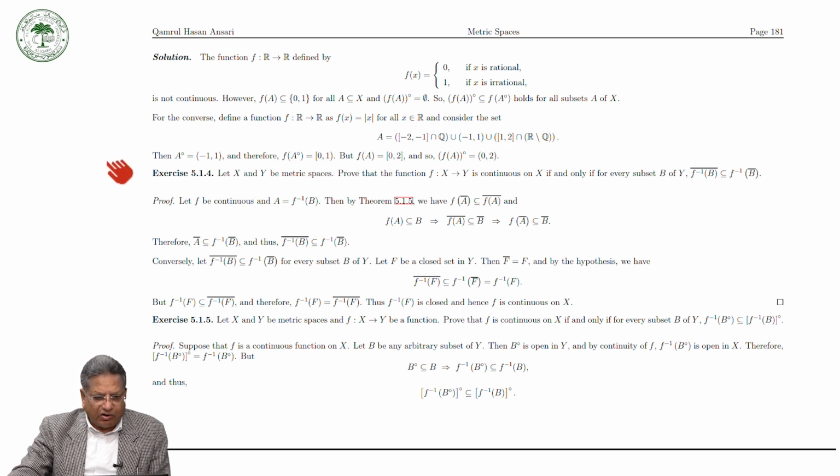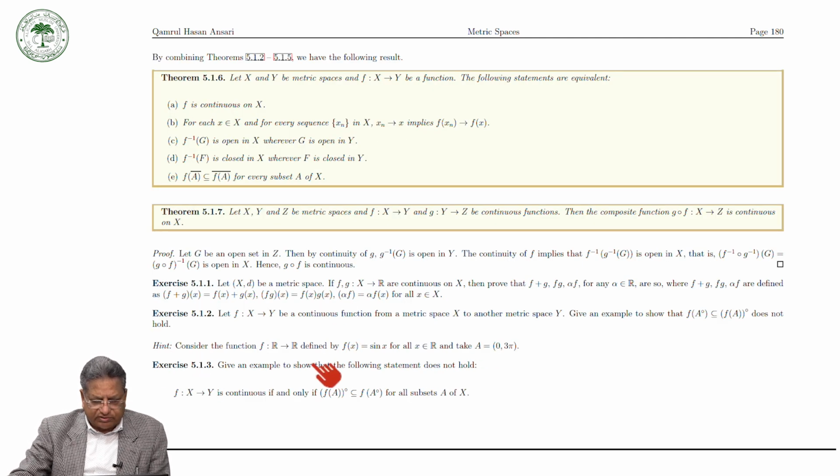Then the interior of A is equal to the open interval (-1, 1). And therefore, f of the interior of A is equal to the interval [0, 1). But f of A is [0, 2]. So the interior of f of A is equal to (0, 2). So this is the example to show that this implication does not hold good.